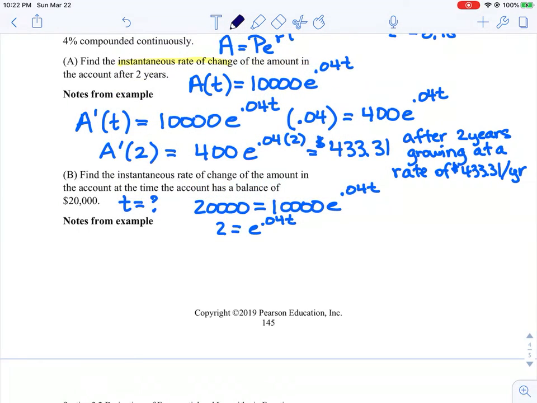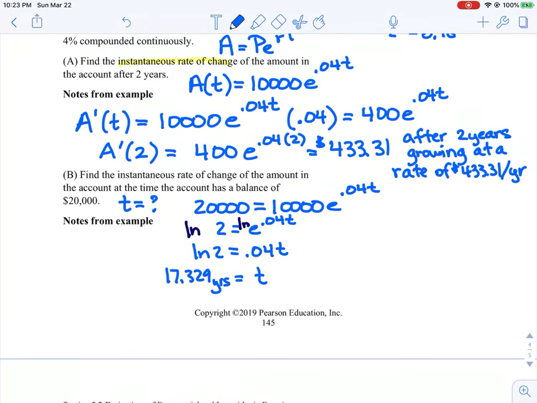Recall, we need to take the natural log of both sides. And then we're going to divide by 0.04. We get 17.329 years.